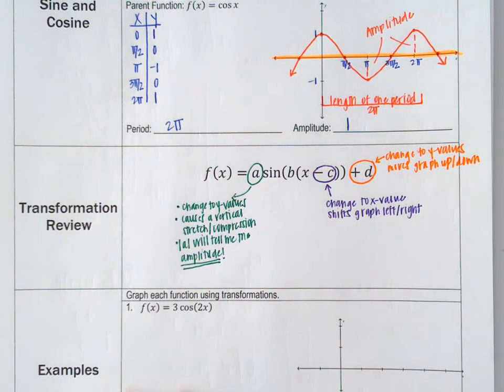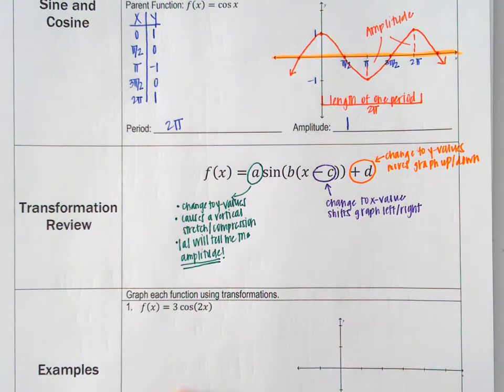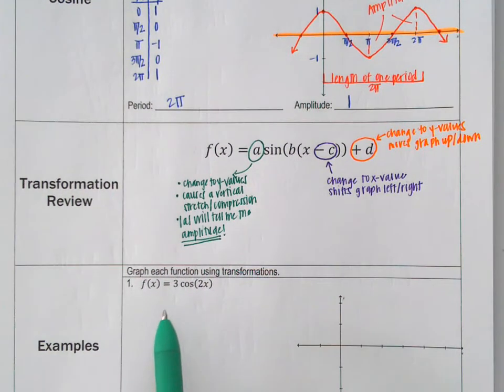So that's huge. I can look at this function below and tell you just by looking at it, the amplitude is going to be 3.